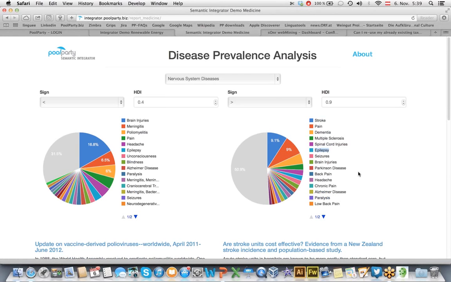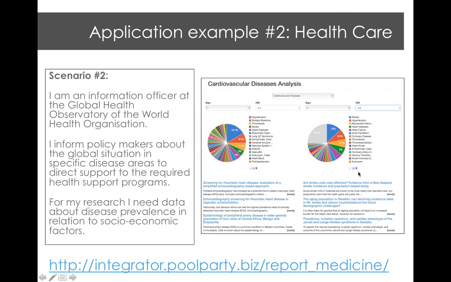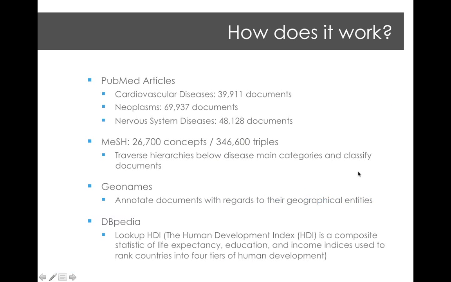Which diseases, which disease prevalence is dominant in certain areas? For instance, you are up to rearrange some health programs. You would like to find out, okay, which health support program should be enforced, which should probably be reduced a little bit. And let's take a look at the result of this application.